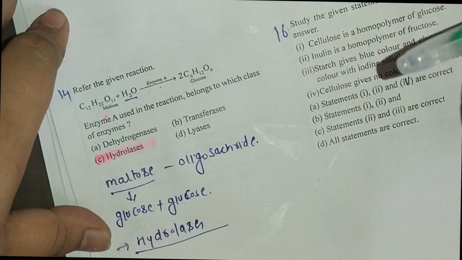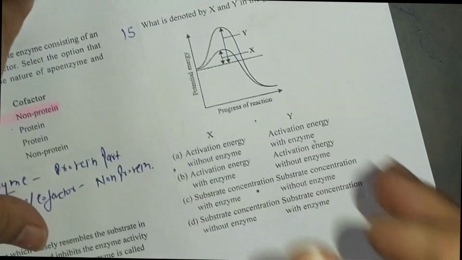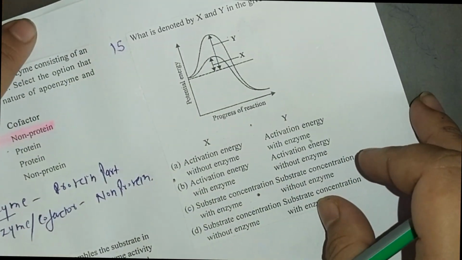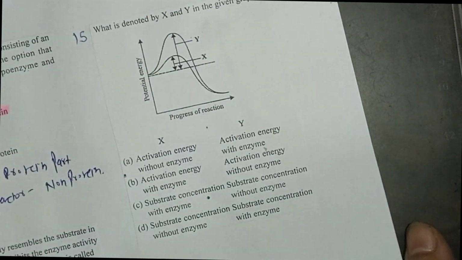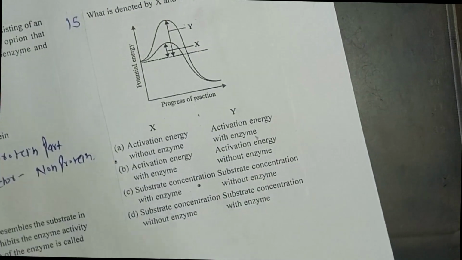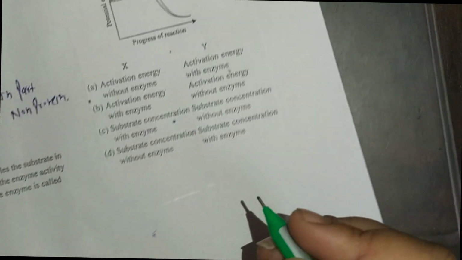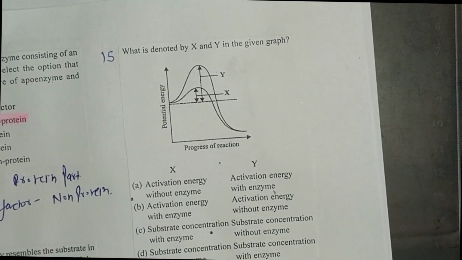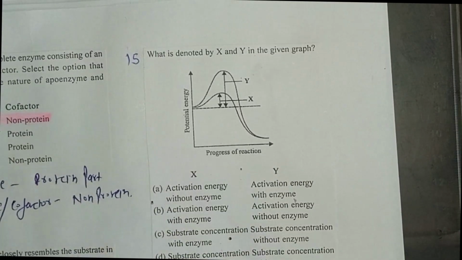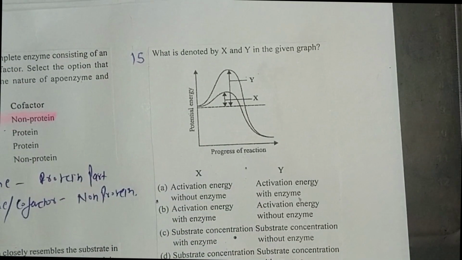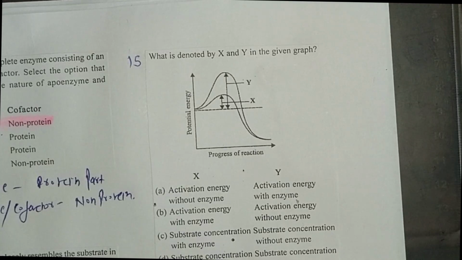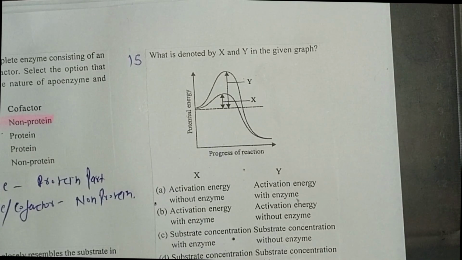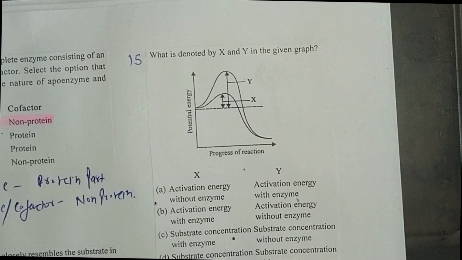Next is what is denoted by X and Y. Here, see what we have studied, that when we apply an enzyme to a biological or a chemical reaction, it reduces its activation energy.